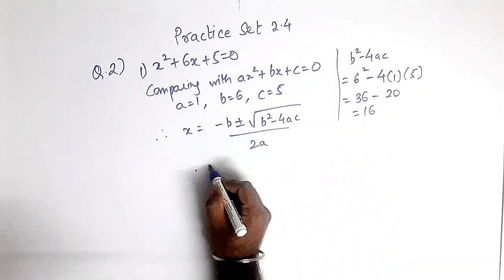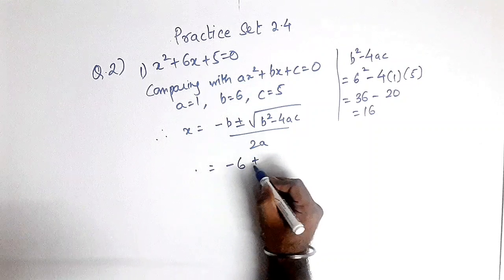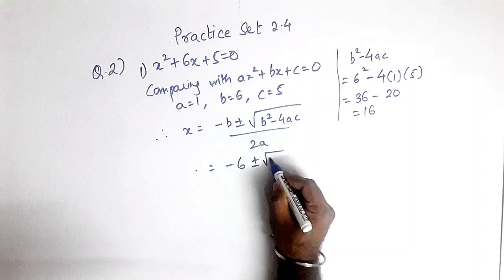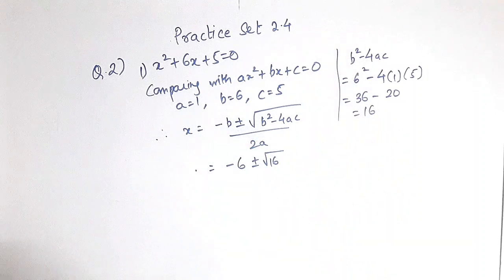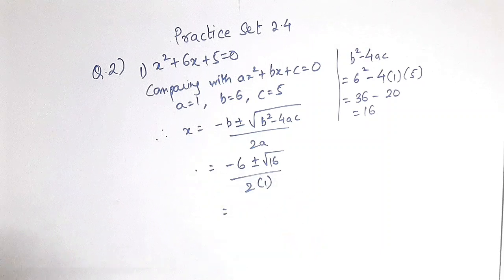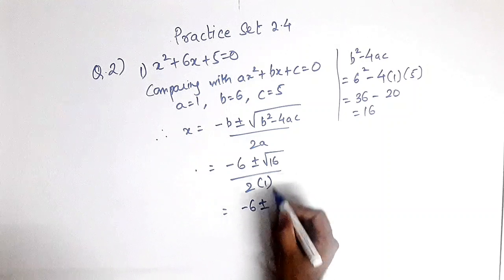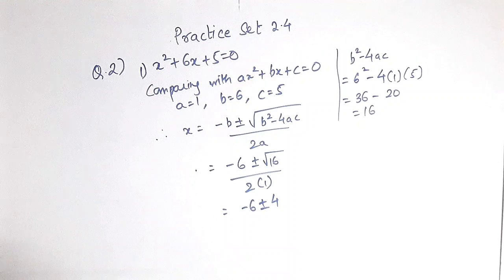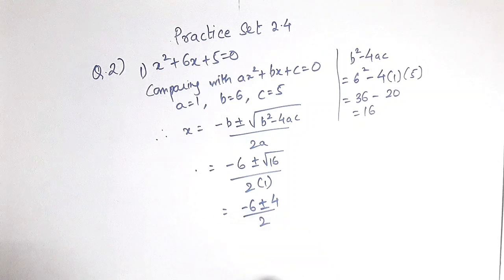So let us write minus b is minus 6 plus or minus under root b square minus 4ac, I am writing the value because we know the value of this, upon 2a, a is 1, correct? Very easy. So this is minus 6 plus or minus, you know root 16 is how much? It is 4, upon 2 ones is 2.